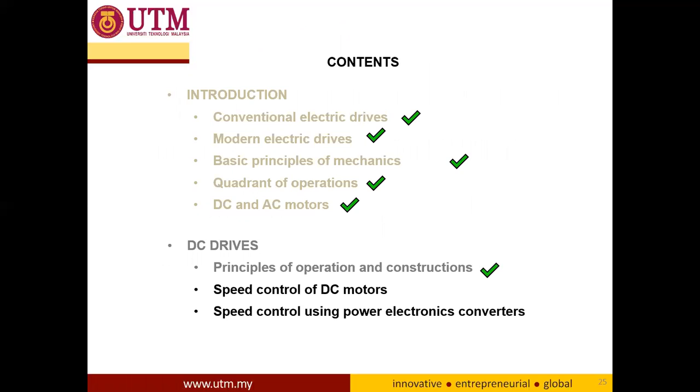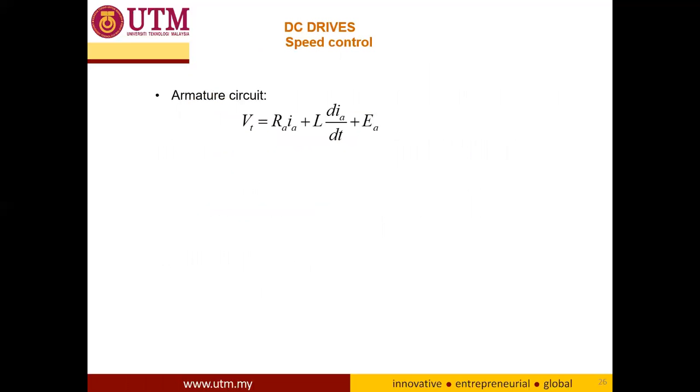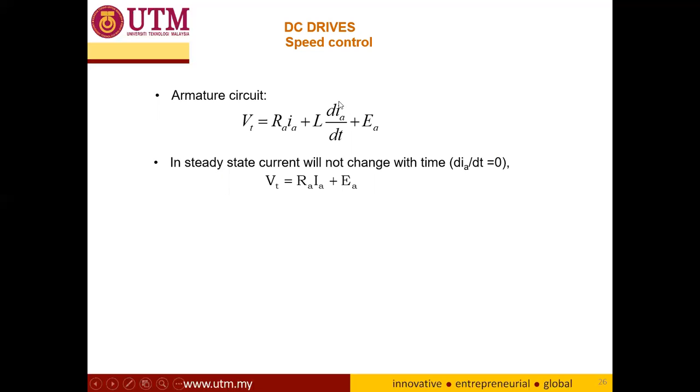So we go to the speed control of the DC motor. As can be recalled, the armature circuit has this equation. But in steady state, where the speed is constant, with no change of speed and no change of current, this part dI/dt is considered zero, so we can reduce the equation to this part, meaning that you have only RA IA plus EA.